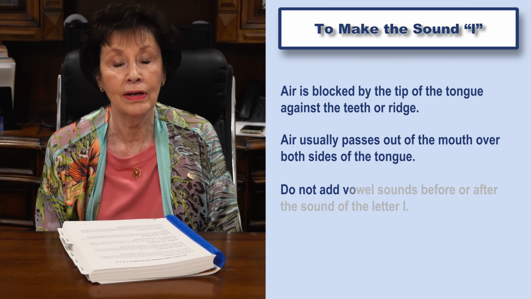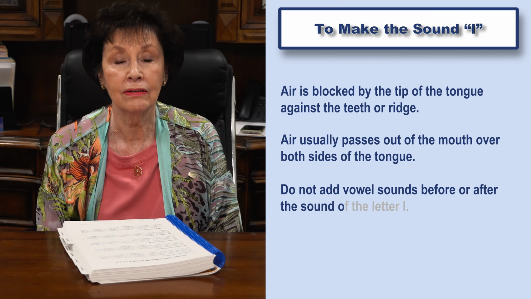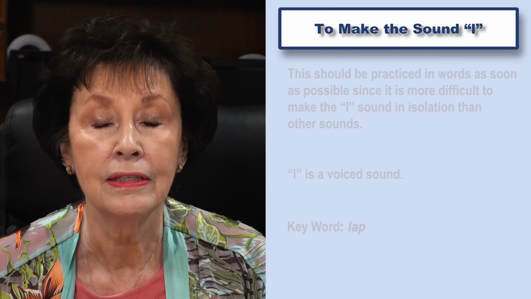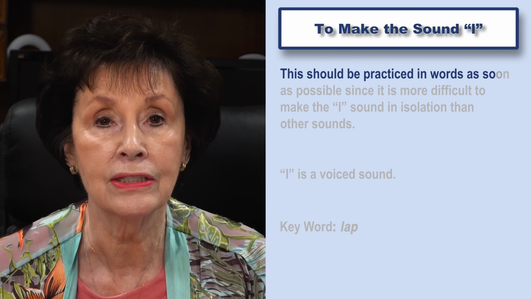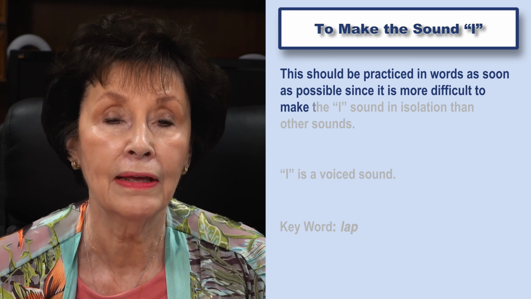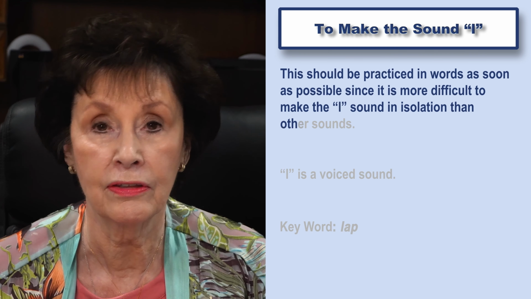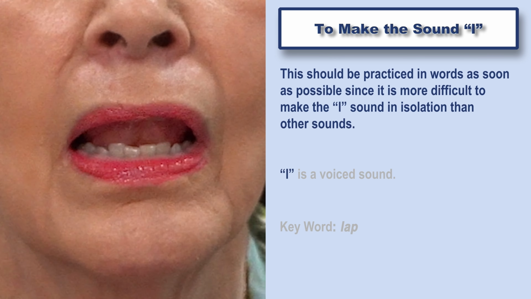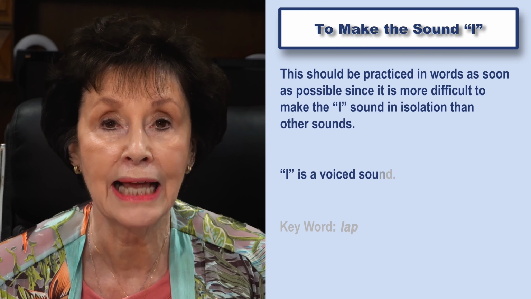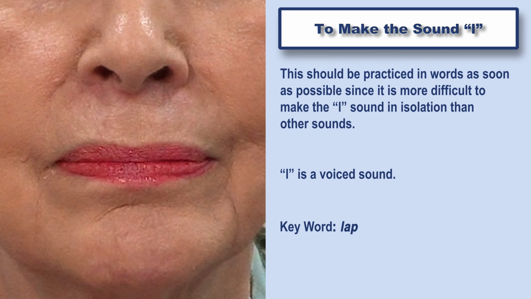Do not add vowel sounds before or after the sound of the letter L. This should be practiced in words as soon as possible, since it is more difficult to make the sound in isolation than other sounds. L is a voiced sound. The keyword is lap.